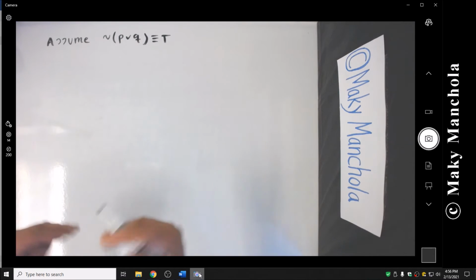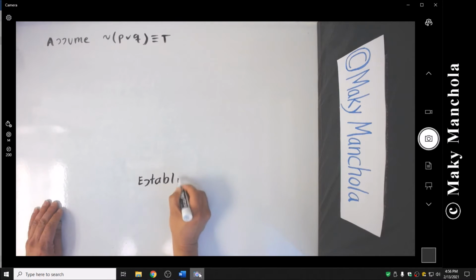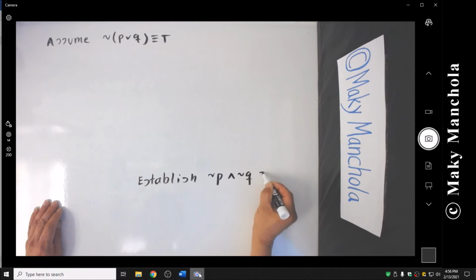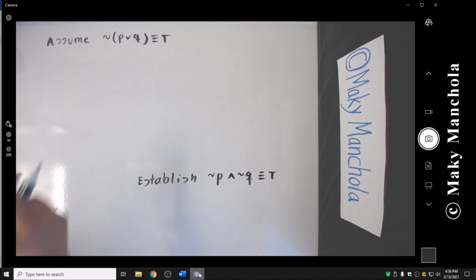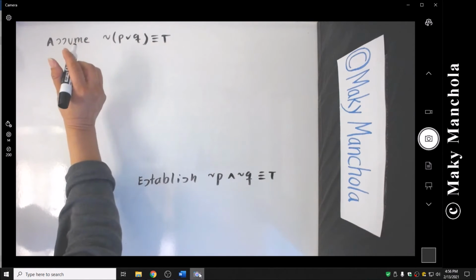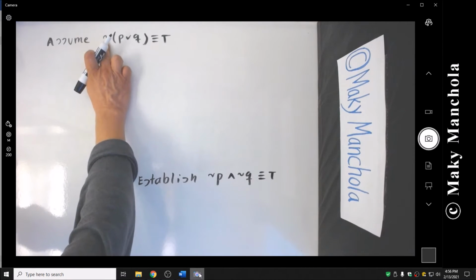Now, here's what we want. We want to eventually establish that negation of P and negation Q happens to be true as well. Okay, so let's begin. Let's start with what happens if we remove the negation symbol.